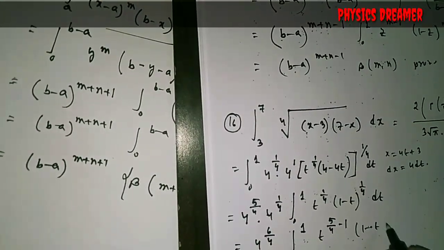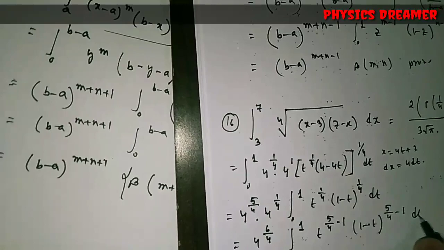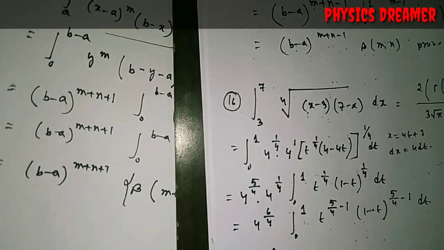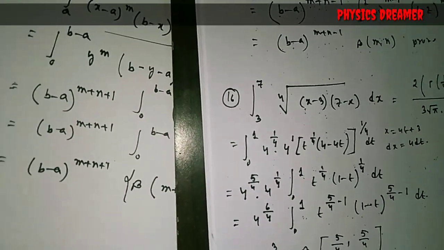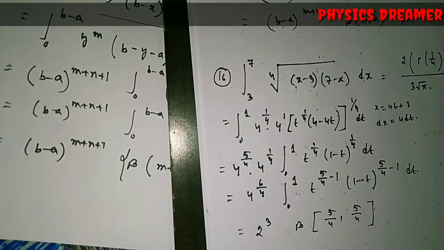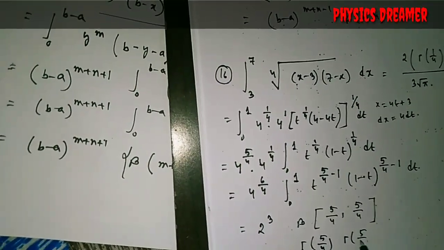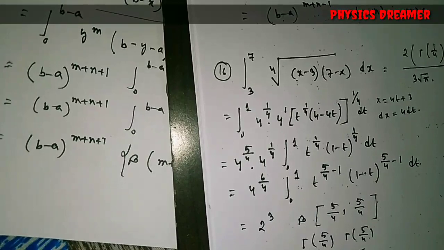So (1 minus t) whole to the power 5 by 4 minus 1 dt. Now I can write it 2 to the power 3 into beta of 5 by 4 comma 5 by 4. Now here I will use the gamma function term, into 8 into gamma of 5 by 4 gamma of 5 by 4 by gamma of 10 by 4.